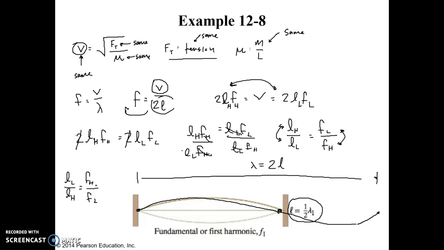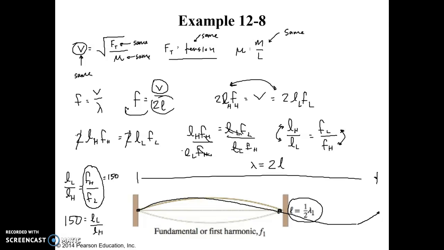So why did I do that? Because I was told in the problem statement that the ratio of frequencies, the high frequency compared to the low frequency, is 150. F_H is 150 times higher than the low frequency. So I've got 150 equals the ratio of the low string over the high string.